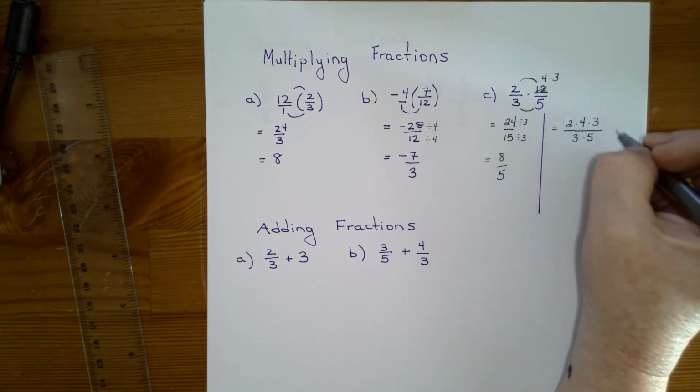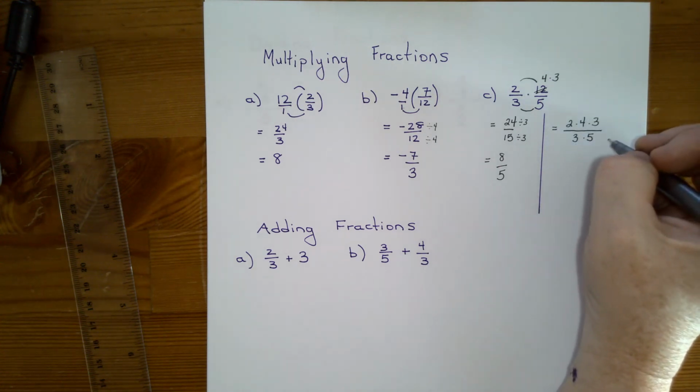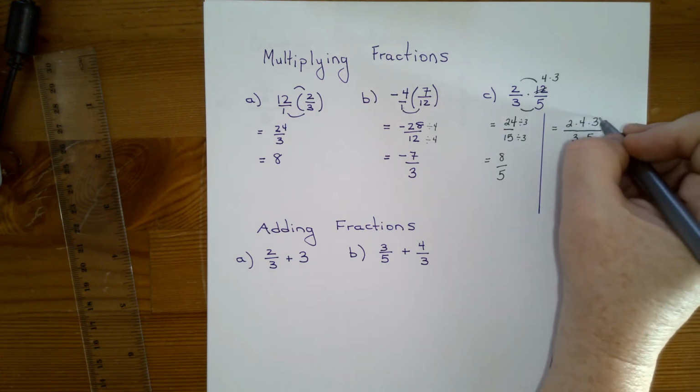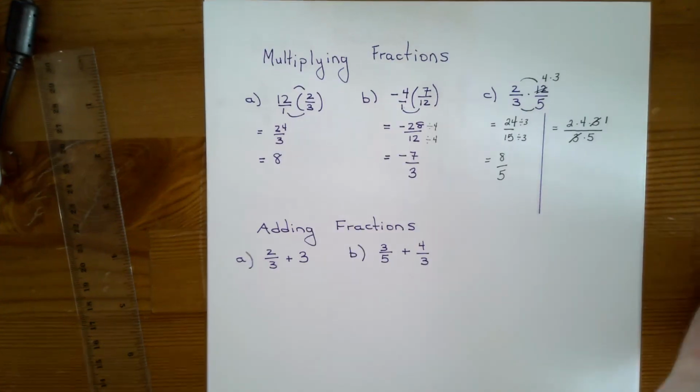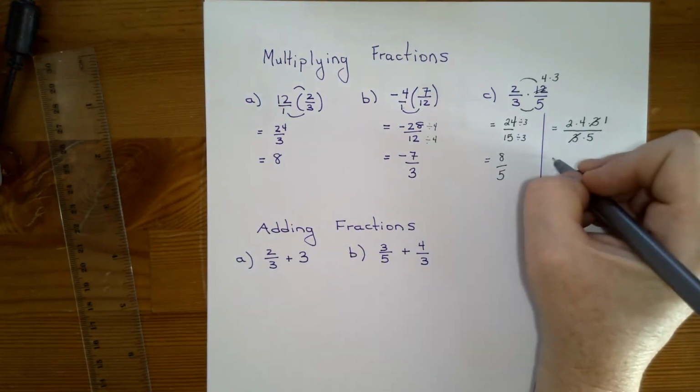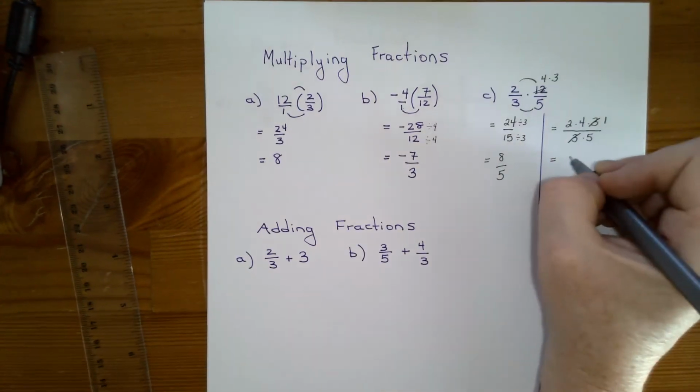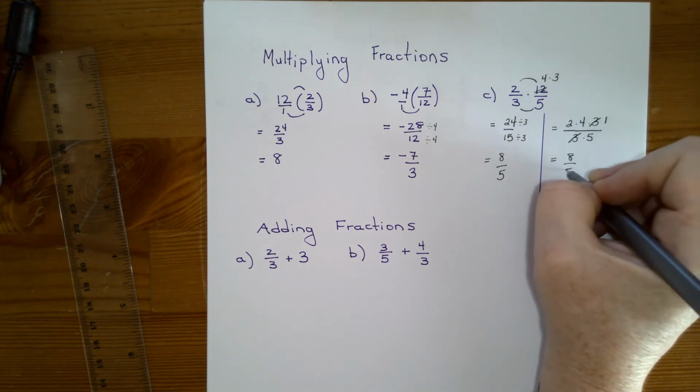Well, because these are all just multiplying and division, what I can easily do is just say 3 divided by 3 is 1. So now when I do it, I have 2 times 4 times 1, which is 8 over 5.